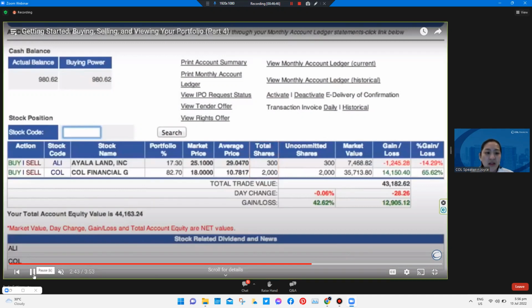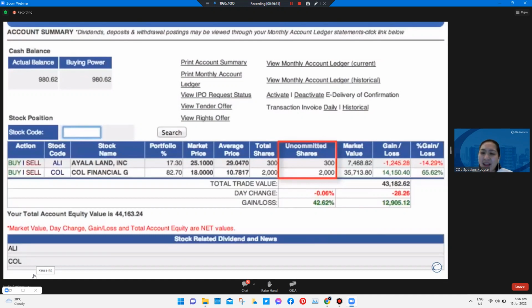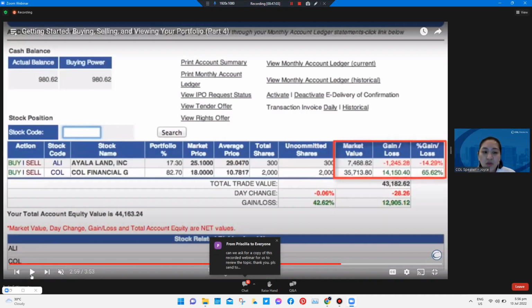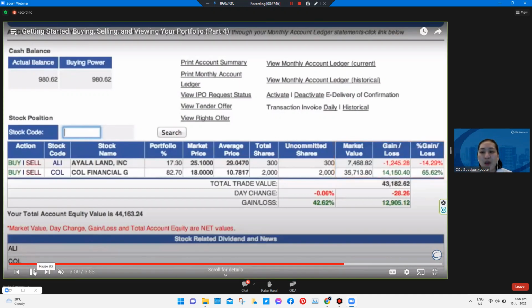The reason we do this net is that a lot of our clients before used to sell a share whenever a stock went up even 10 cents or 5 cents, but then they'd find out na nalugi pala sila. It is because they did not account for the fees. So on your portfolio, we already did it net of buying and selling fees to show you whether you're really a net gain or a net loss. So that should help.